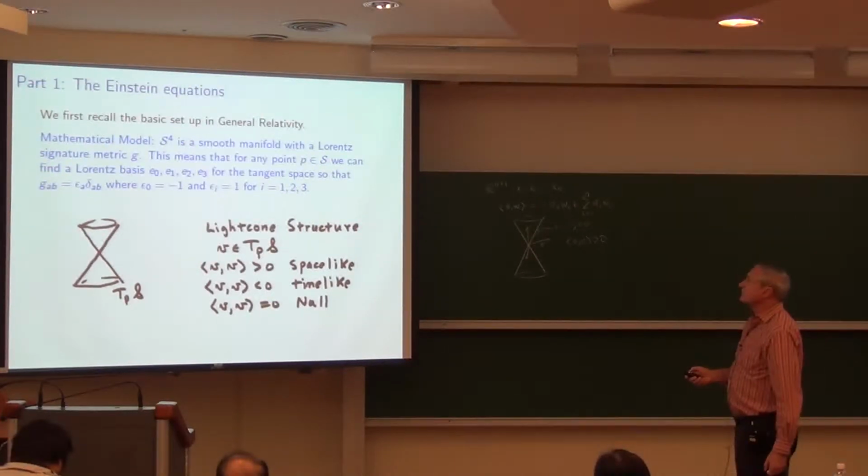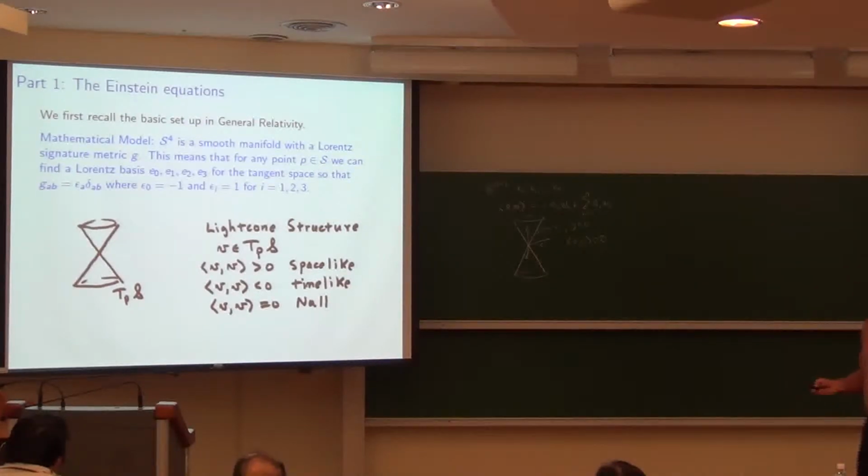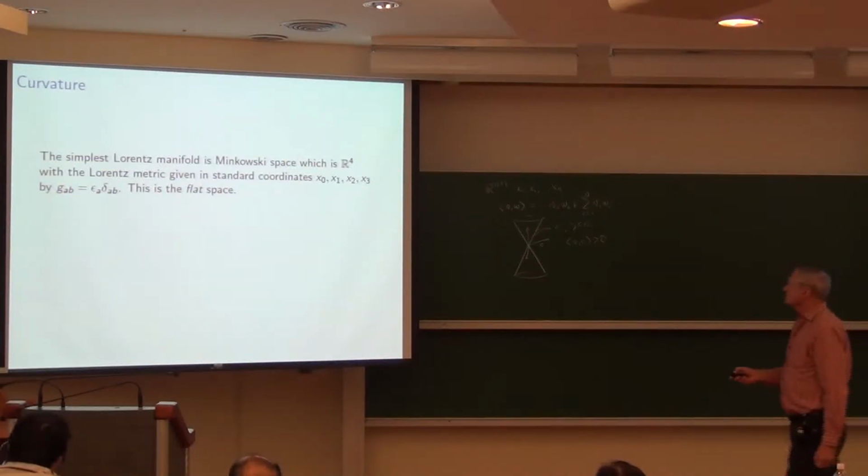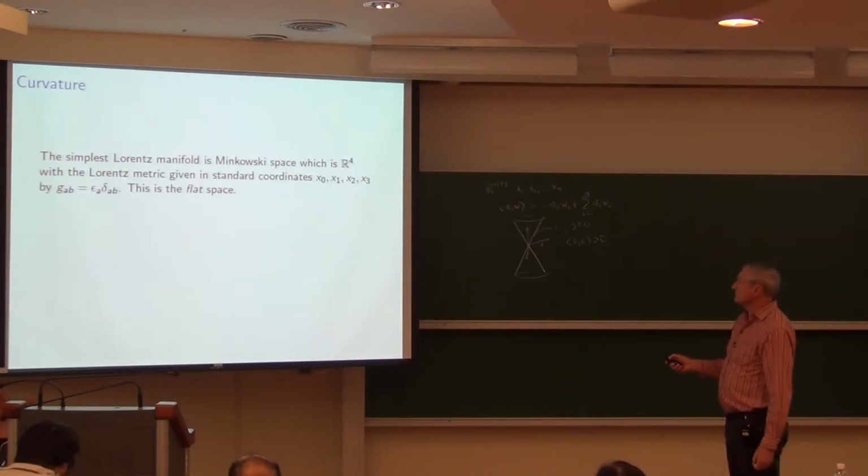Okay, so that's the basic model, and so the Lorentz metric then at each point defines in the tangent space this cone structure, and then I said here that the simplest Lorentz manifold is R^4, so generally R^(n+1).